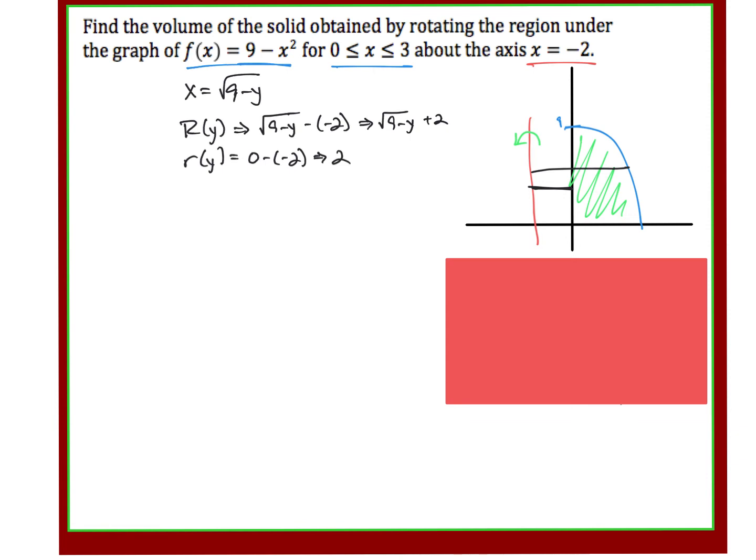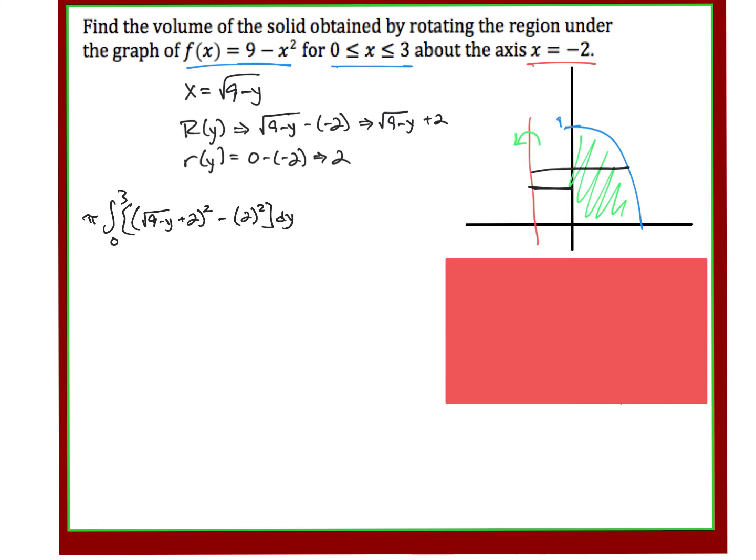Now, it totally gives me my bounds on this one. So let's set up my integral. I'd have a pi chilling out front, and then I'm going to go from 0 to 3. And then my big R of y, square root 9 minus y plus 2 quantity squared, minus 2 squared, with respect to y.